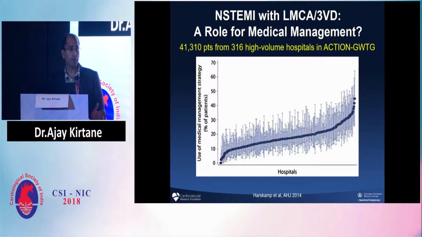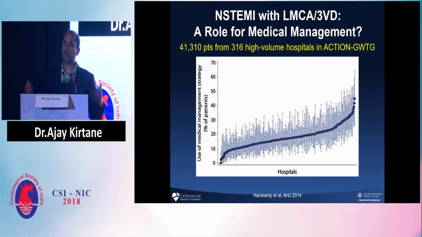Now, another thing that we see happening is there's variability in care practices. This is a slide from a registry in the United States, the Get With The Guidelines registry, where on the x-axis are plotted hospitals, and on the y-axis are plotted how frequently medical therapy is used as the dominant strategy for a patient that has a non-STEMI with left main or three-vessel disease seen on the angiogram.